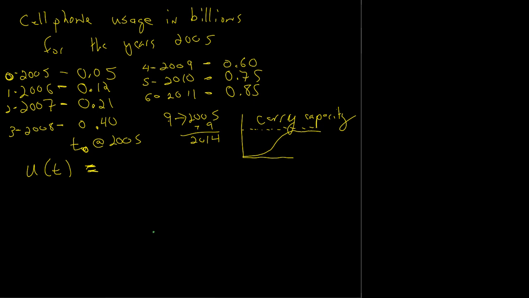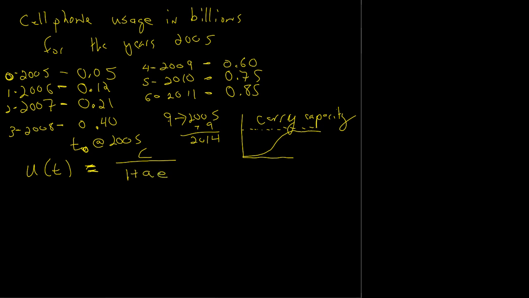And logistic models are not bad. All right, so let's look at our general logistic equation. We have the carrying capacity of the population. And let's see, your book uses the same variables I had. Some books use different variables.